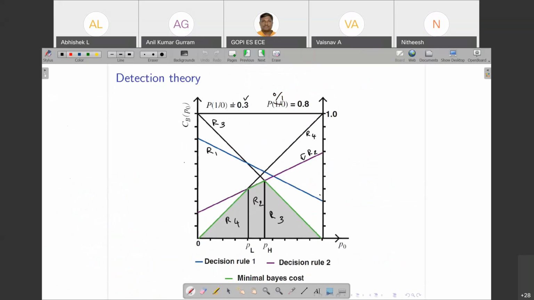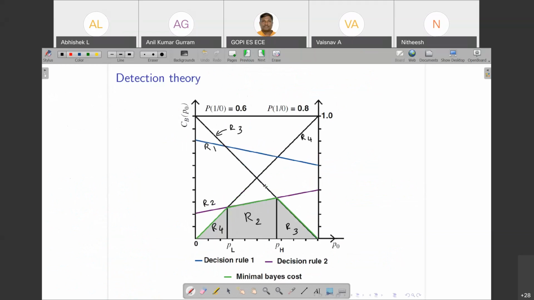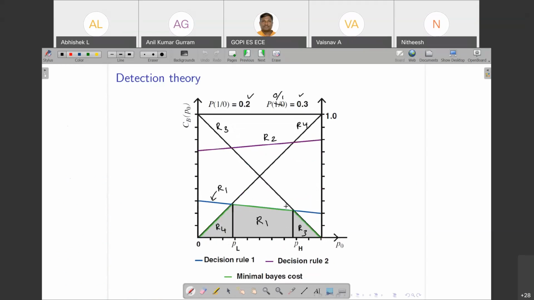Left side is less than 0.5, the right hand side is greater than 0.5. In that case, you are getting rule 2 in the middle. And finally, both are greater than 0.5. In that case, you are getting rule 2 in the middle. And remember that this region is always rule 4 and rule 3 in all the cases. There is no change in it.